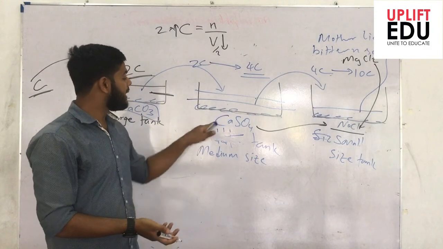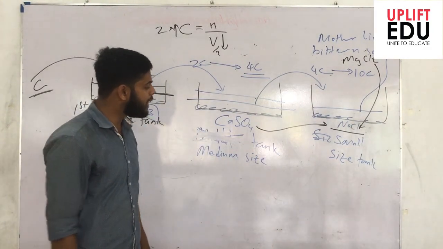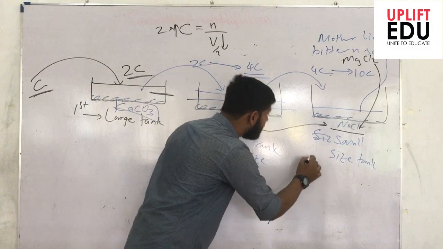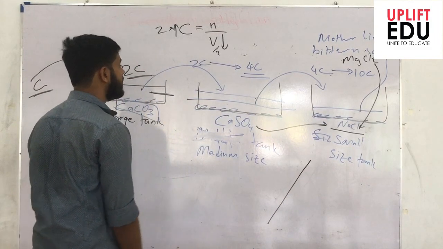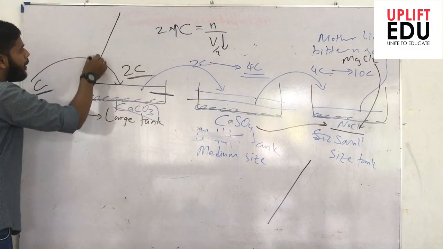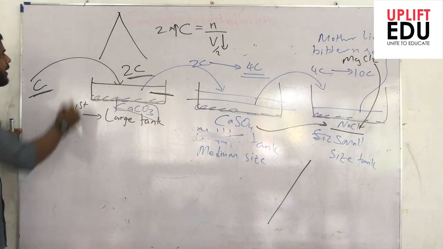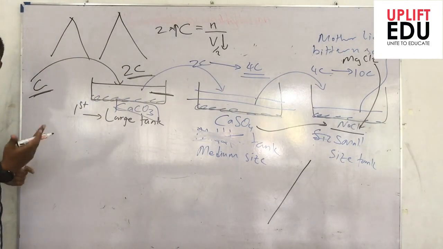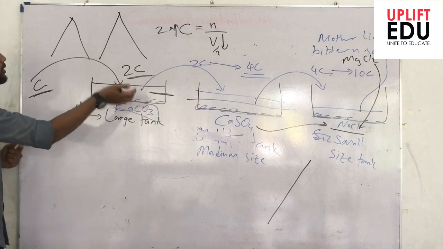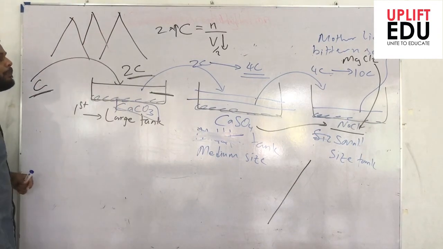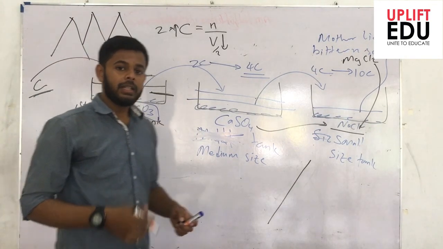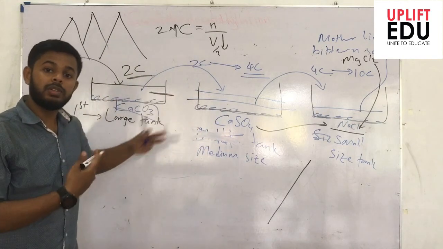To avoid the calcium sulfate and magnesium chloride, we mount this paste into heaps, right? You might have seen, at least in movies, in salterns these salts are placed in heaps for about 6 months.